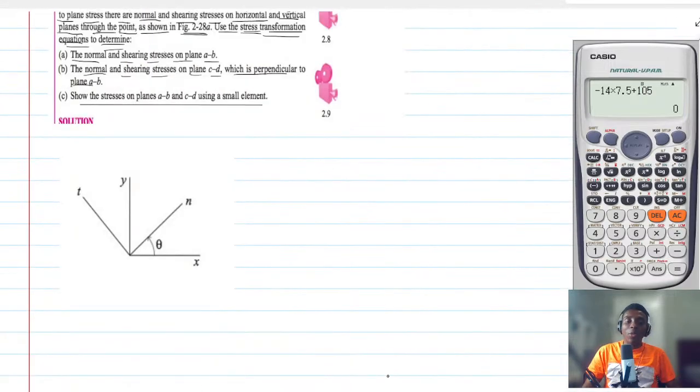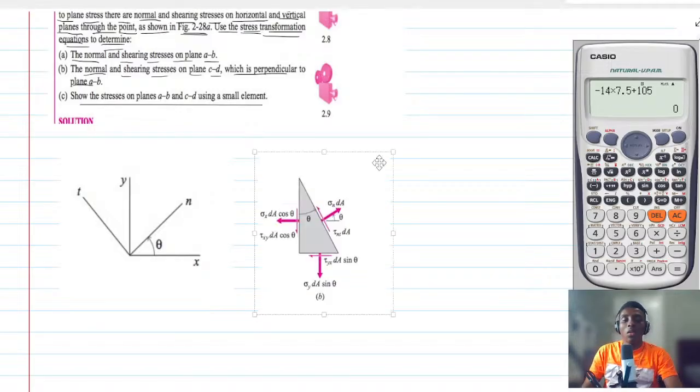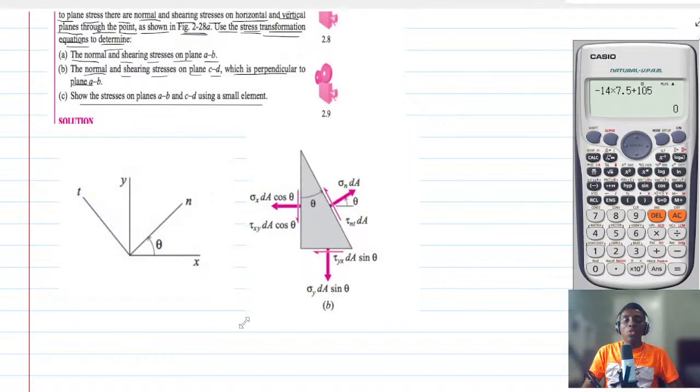So let me give you a simple example of what I'm talking about. All right, so this is what we are trying to say. This is actually the normal.